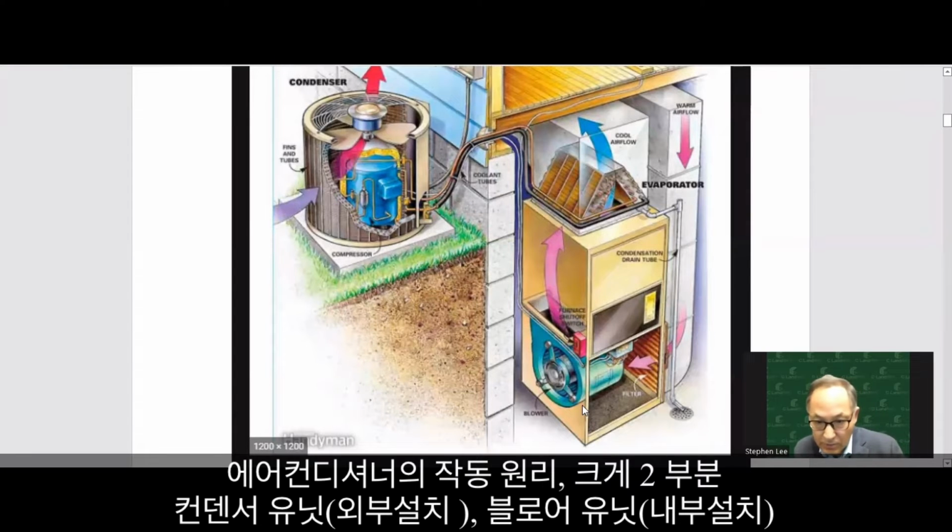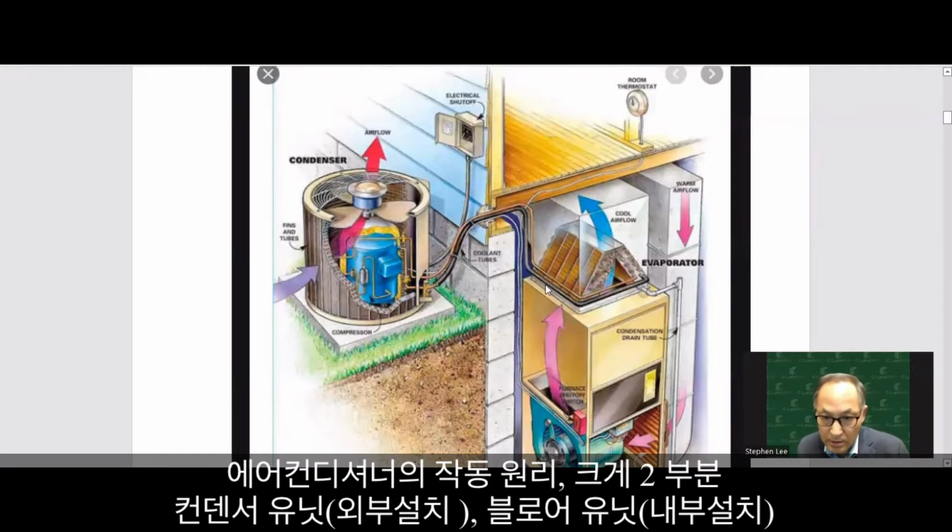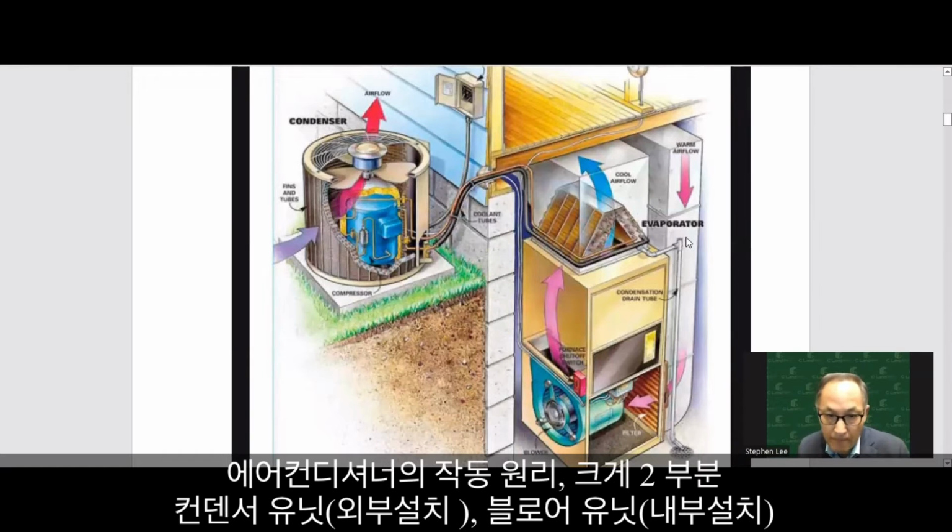Here it is in the basement, it looks like, but typically this blower unit stays above the ceiling. These two units are connected by this hose.